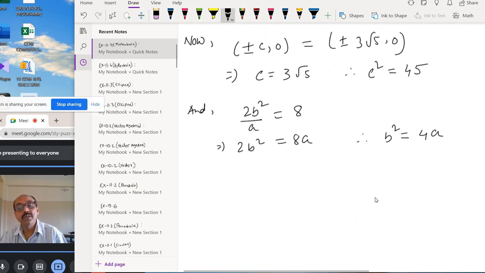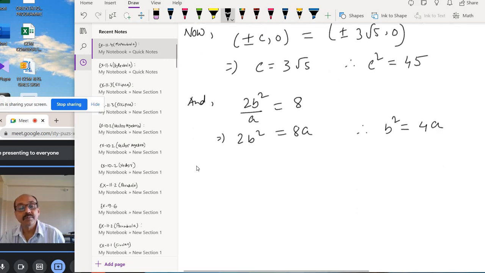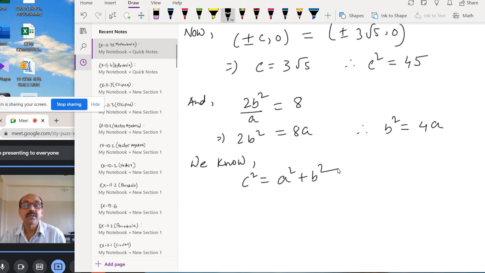Now we know c square equal to a square plus b square. c square is 45.